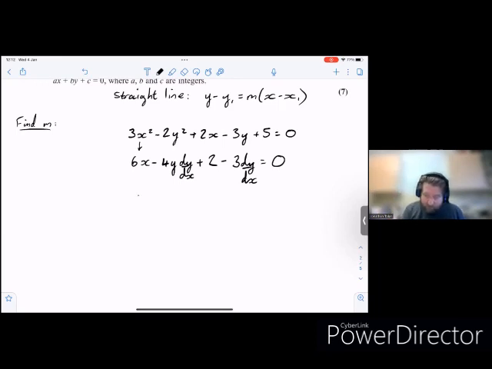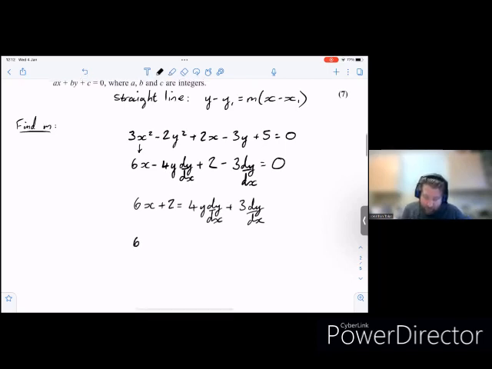So we'll be left with 6x plus 2 equals 4y dy by dx plus 3 dy by dx. I chose to put them on the right just because it removed those negative symbols, so it looks a bit cleaner. So then we get 6x plus 2 equals, and now we factorize to get dy by dx.